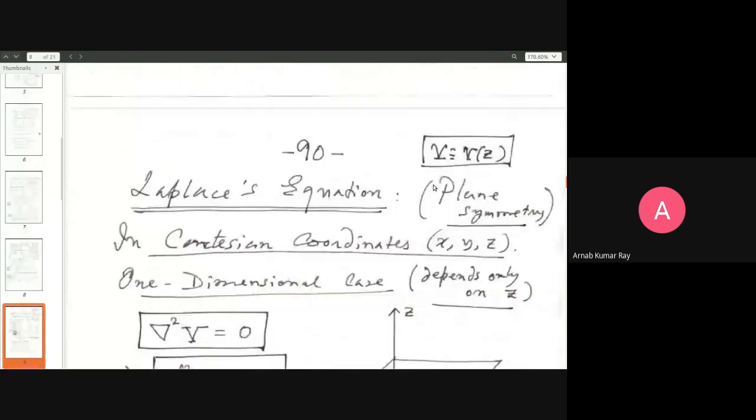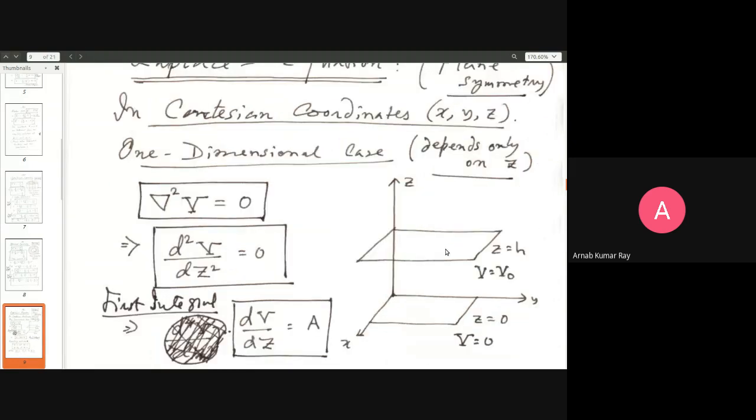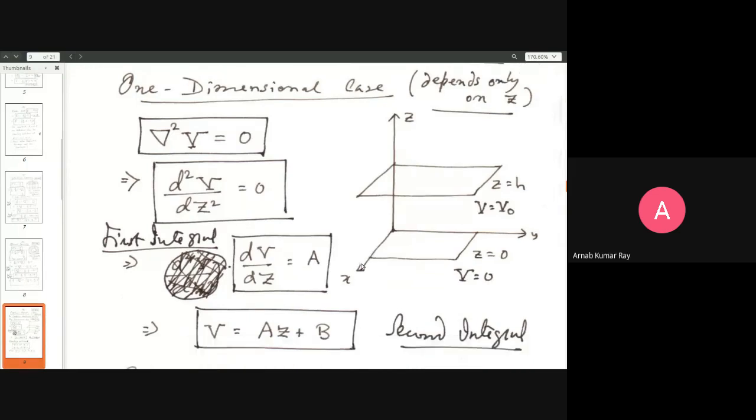Then we began the discussion of Laplace's equation. In Laplace's equation, once again, we began our discussion with the Cartesian coordinate system, and we took just the z variable on which the potential function depended. But this was a case where we applied the boundary conditions.